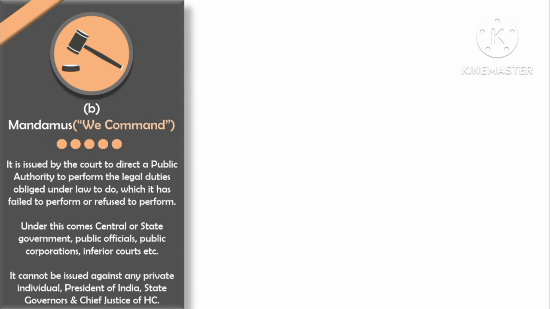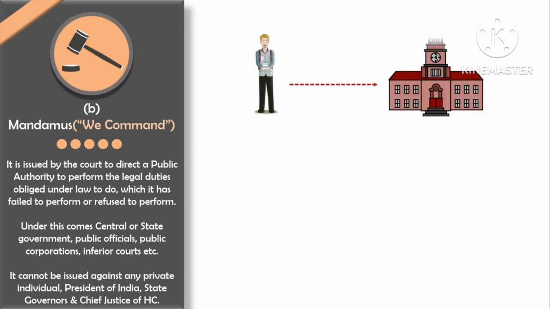Now let's take an example to understand when a writ of mandamus can be filed. We took this example in the last video as well, where a boy applies for admission in a government college, and the authority of that college refuses to admit him just because he belongs to a different caste or maybe a different religion.